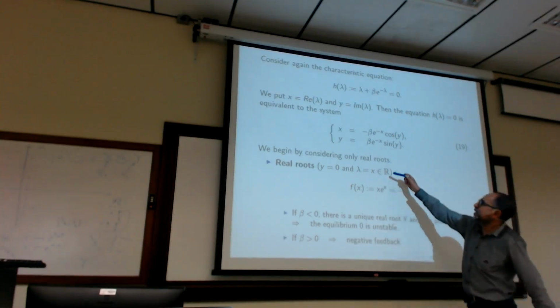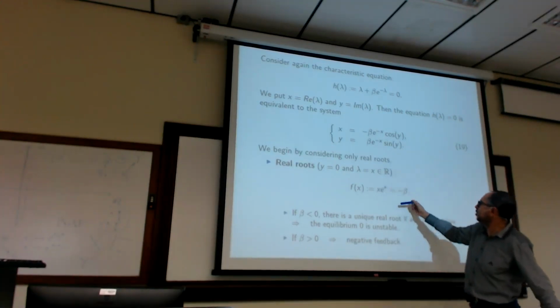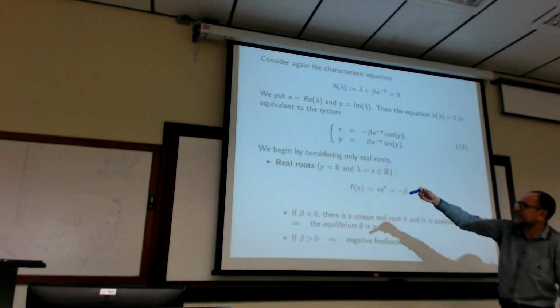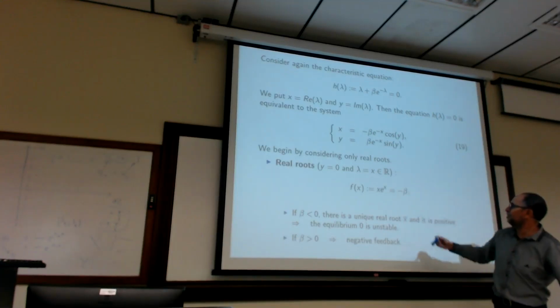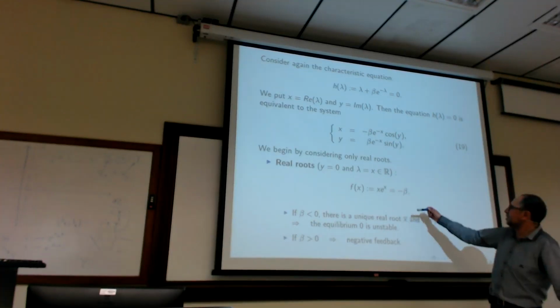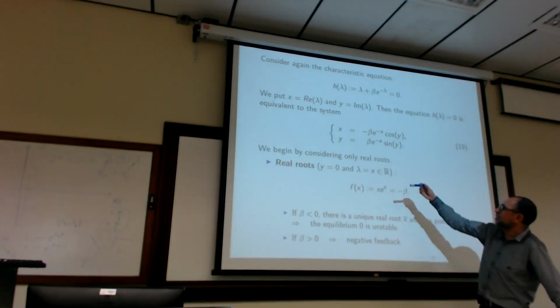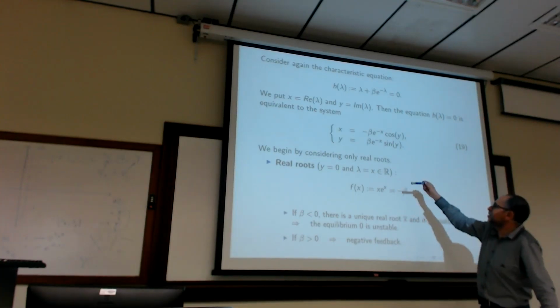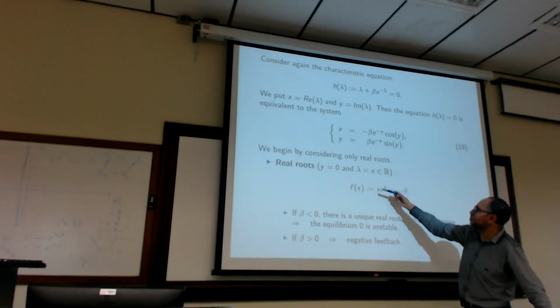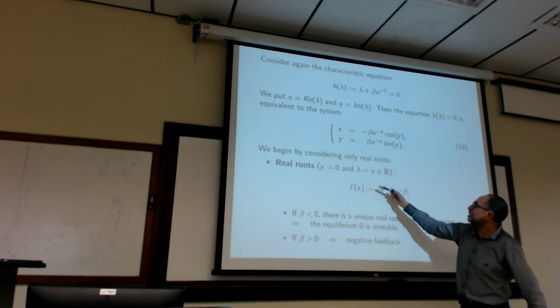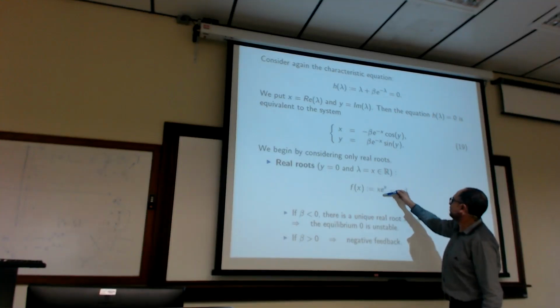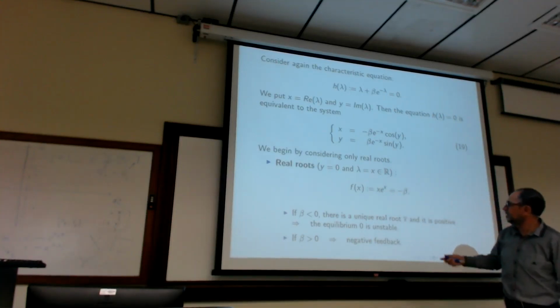I already did it for -1. We can also do it when we have beta here. Let's start by considering the real roots. That means y equals 0 and lambda equals x. Then our equation becomes like this.